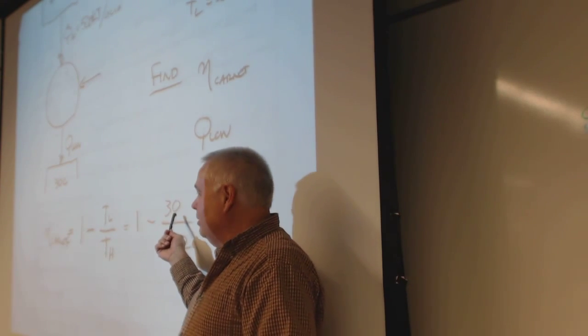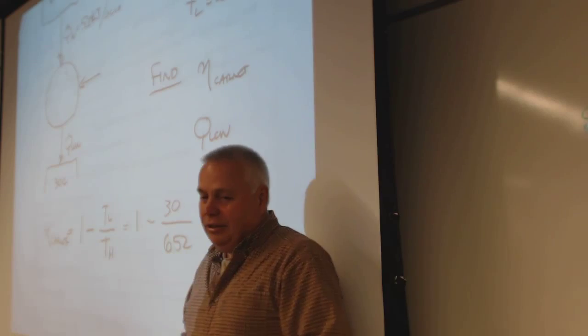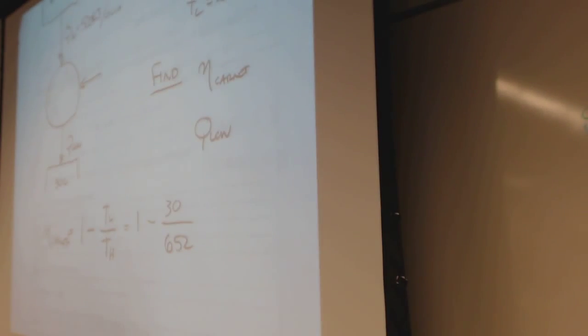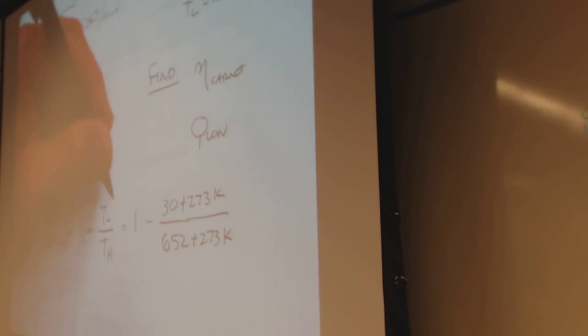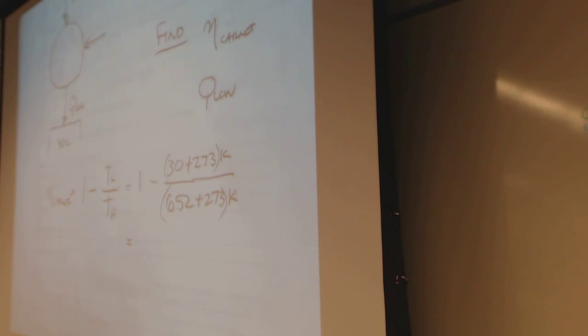This is going to be 273 plus 30 makes it 303. The units cancel. Efficiencies are ratios, so there aren't units for them.